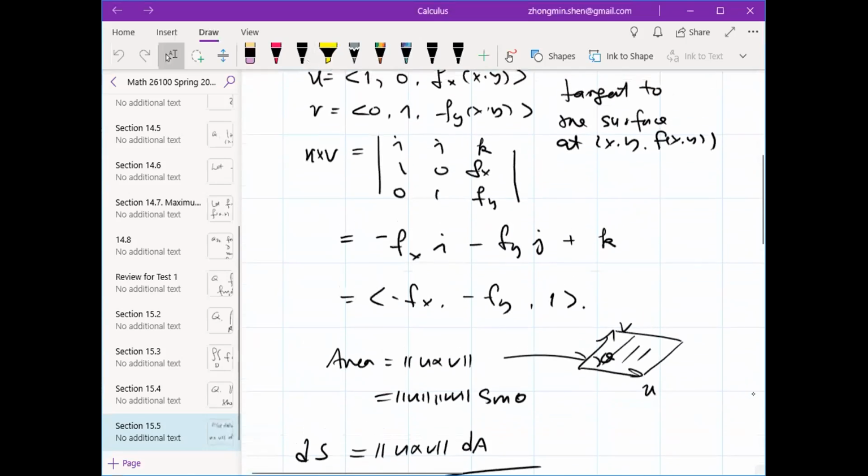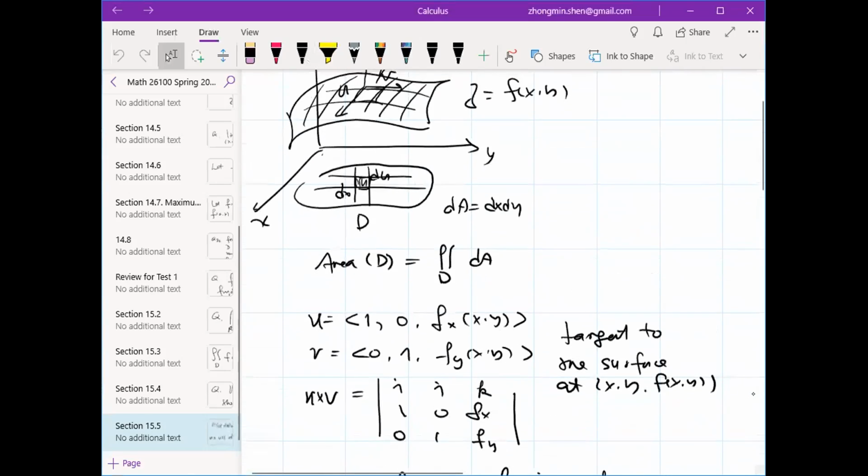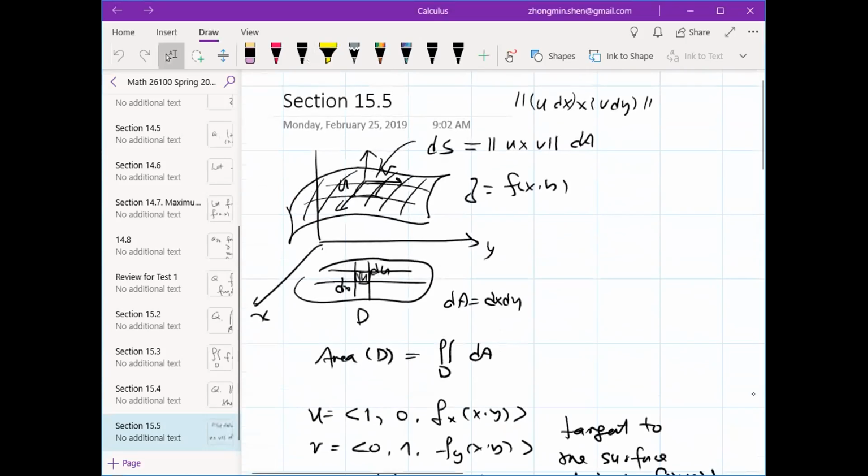The idea to get this formula is in this picture. We partition the domain into rectangles.